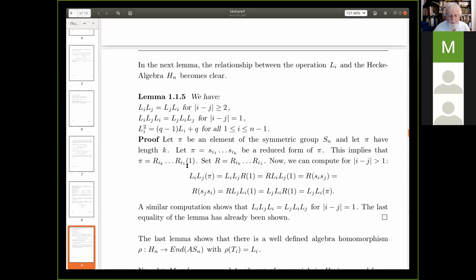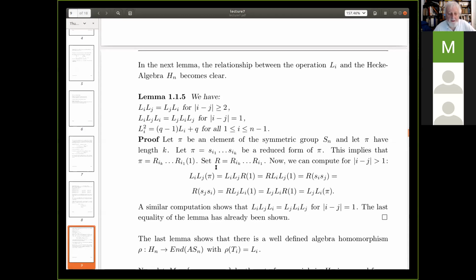For instance, Ri1 of 1 is Si1, and then Ri2 of this would be Si1 times Si2, and so on, up to Sik.